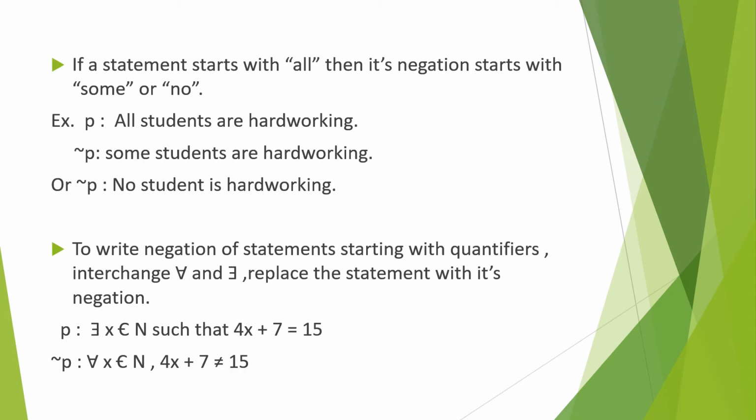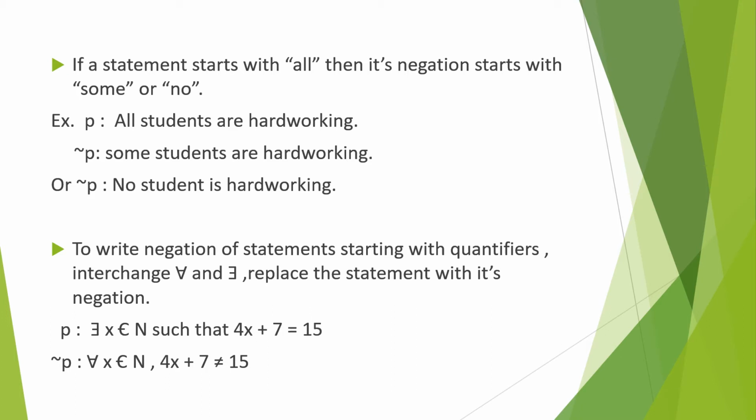Now sometimes a statement starts with all or some. So how to write negation of such statements? A rule to write negation of such statement is, if a statement starts with all, then its negation starts with some or no. For example, here statement P is given, all students are hardworking.